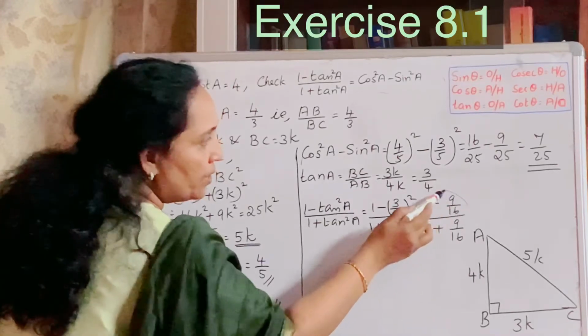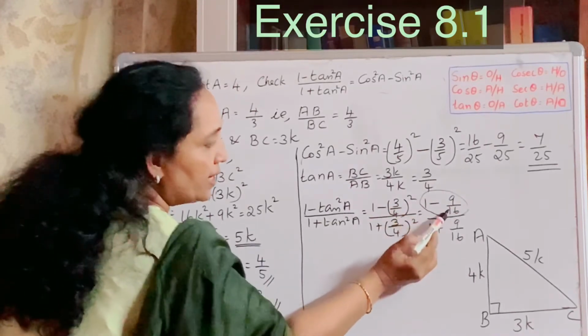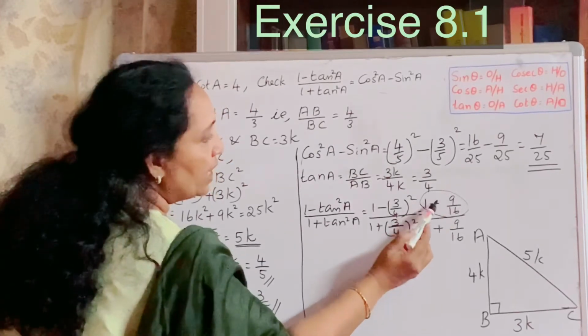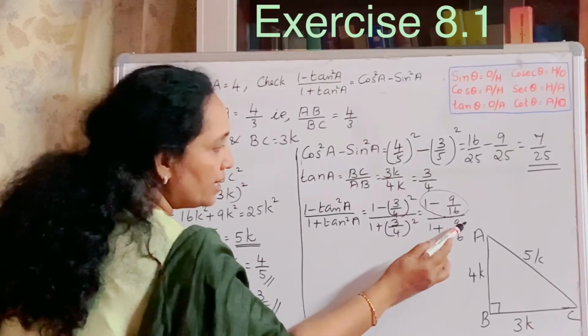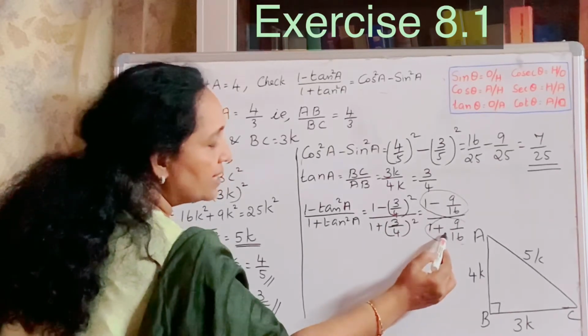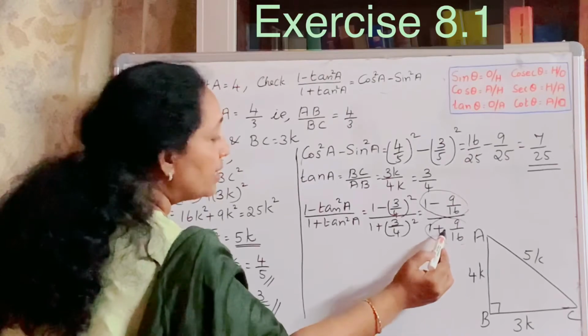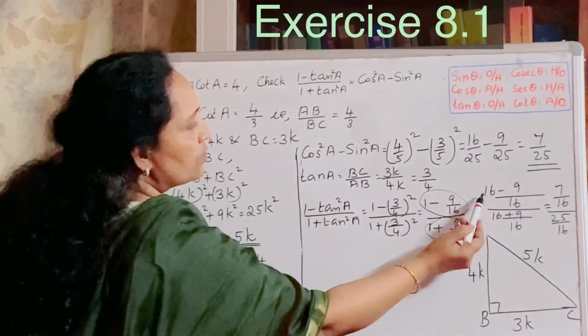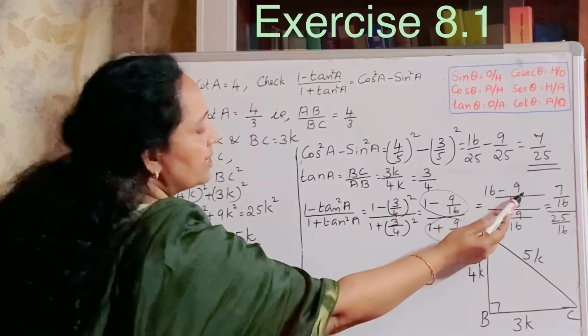Now look here, we take 16 as the LCM and find the value in the numerator. Here in the denominator also you take 16 as the LCM and find the value. Now here you get 16 as LCM, so 16 minus 9.